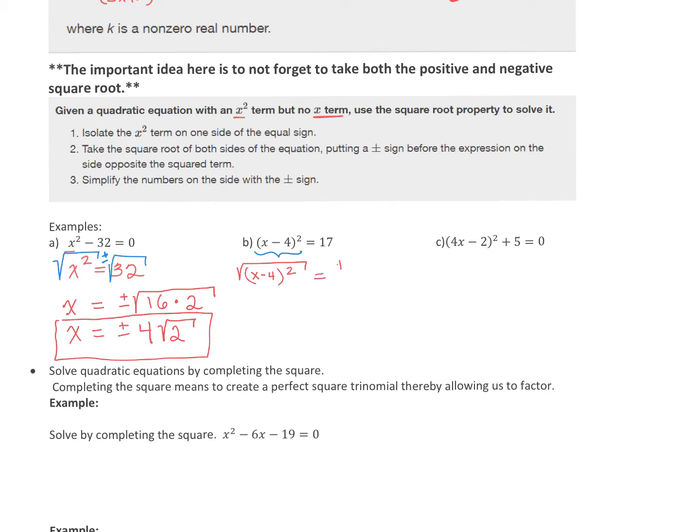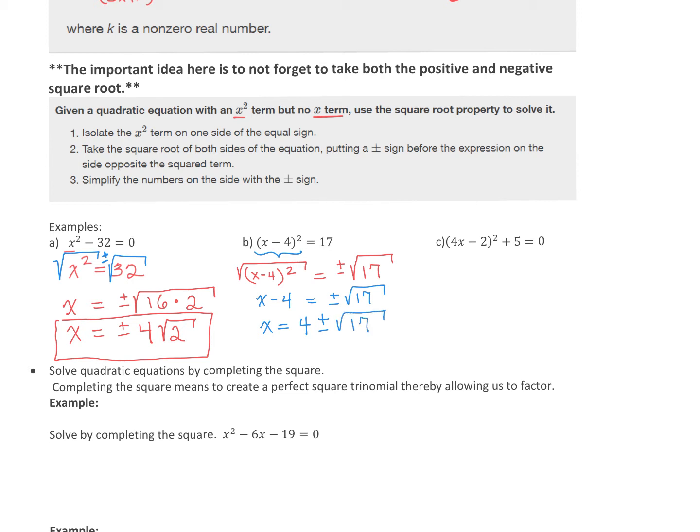We're going to get the positive or negative square root of 17. Then simplifying, when we take the square root of something squared, we just get that something, plus or minus root 17. And then adding 4 to each side, we get 4 plus or minus root 17.